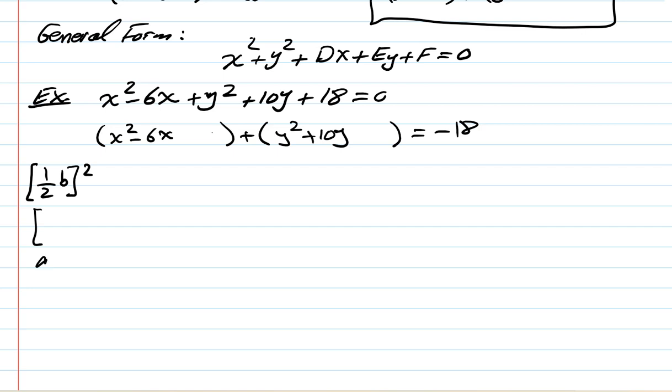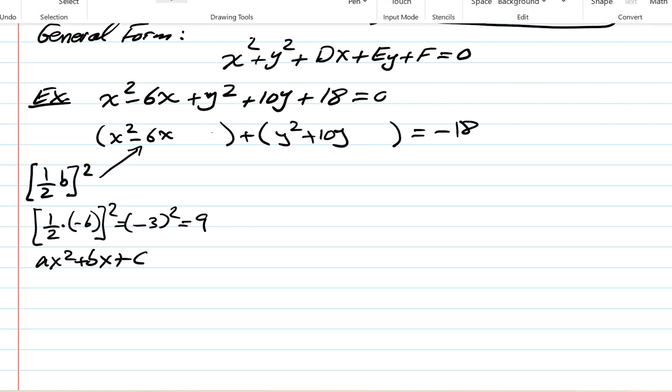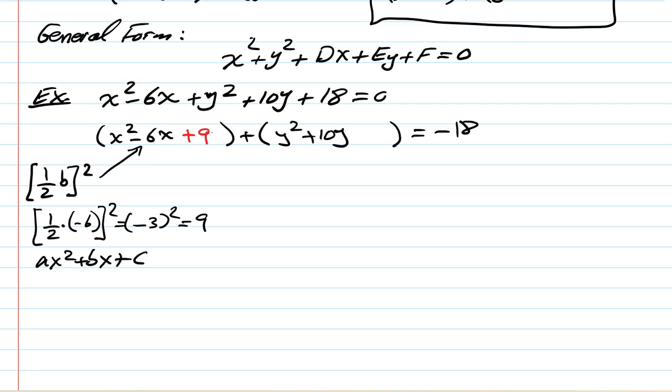We're looking at ax squared plus bx plus c. So half of b, the coefficient on x, and b in this example is -6. Half of -6 is -3. Squared is 9. So I'm going to add 9 in here, and that should complete the square.